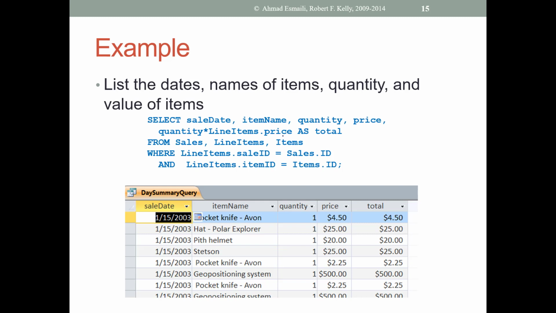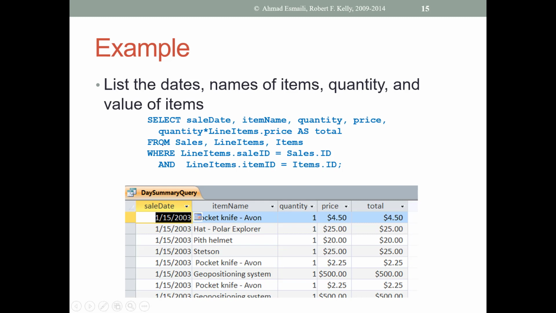So if somebody bought an item, say A, 10 pieces of that item, then its value will be 10 multiplied by the price. So for the value of the items, you need to consider the quantity and the price. And the quantity as well as the price you are getting from the line items table. And you can call that total.